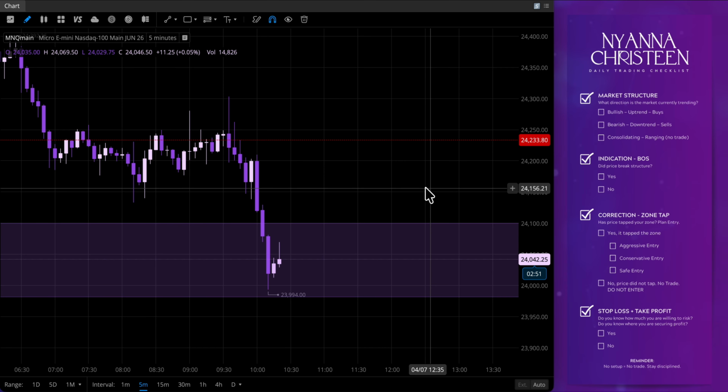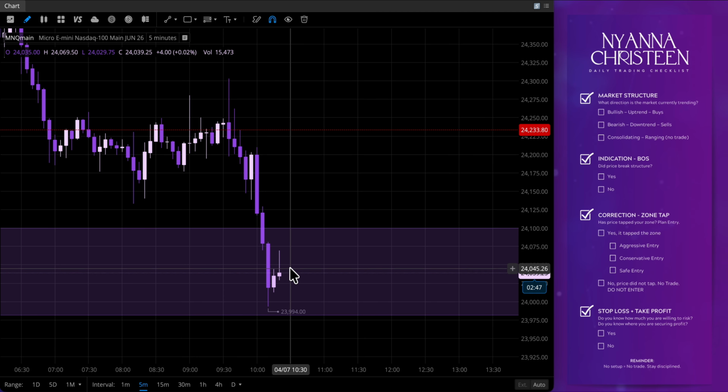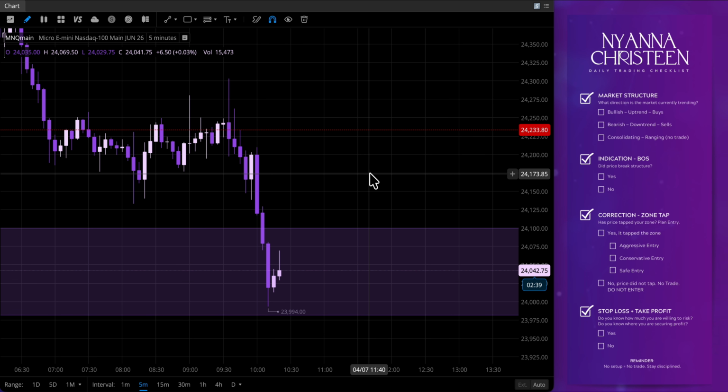Okay, so price did come down. It did not invalidate this 1 hour zone. It did come down, and now it is hopefully going back up. We are having some bullish momentum going back up.